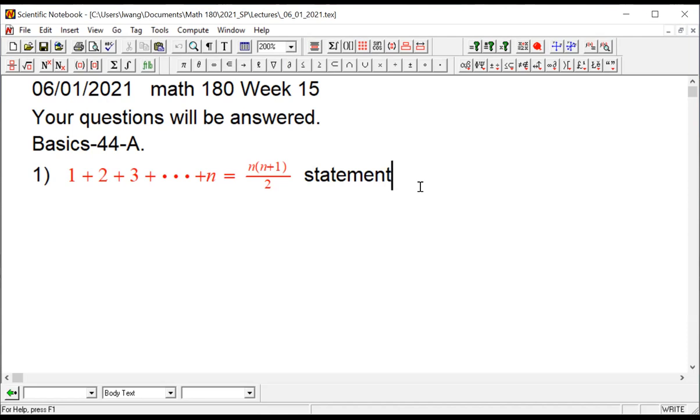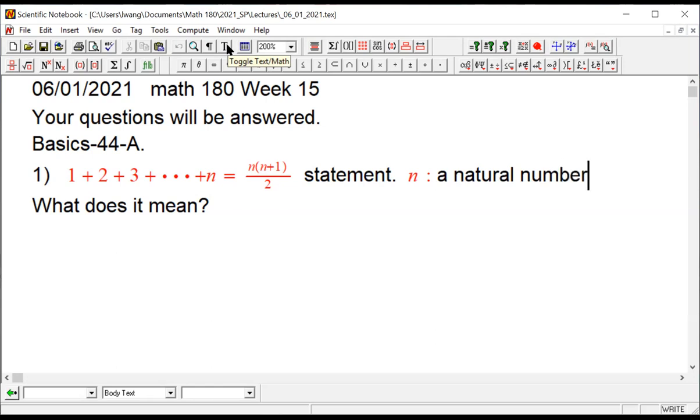Okay, and in particular, what does it mean? Here, n is a natural number. A natural number means 1 or 2 or 3 and so on and so forth, indefinitely. We know there's an infinite number of natural numbers. There's no upper bound.